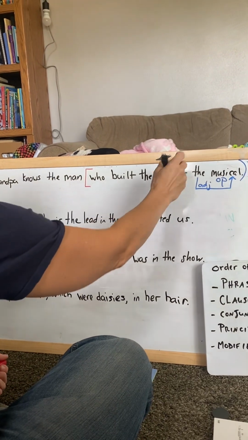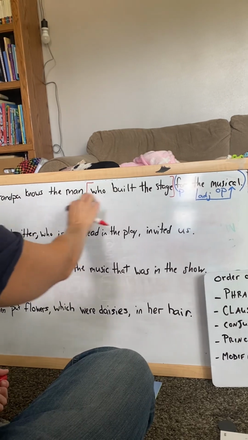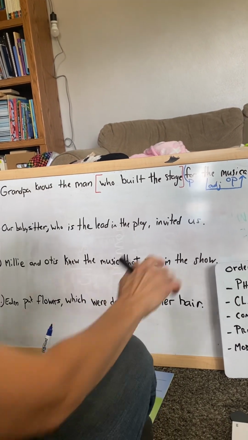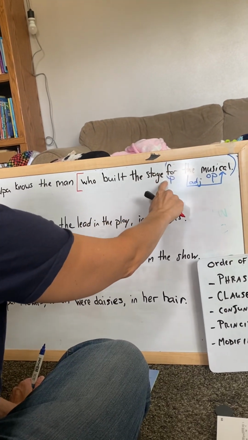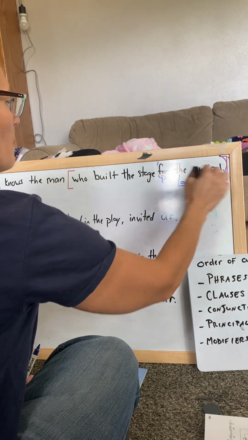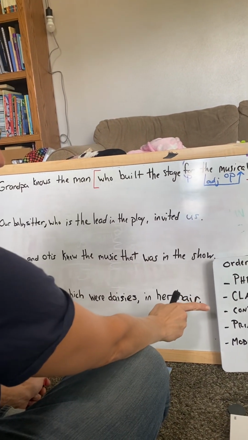If you say who built the stage, this is our simple sentence, Grandpa knows the man for the musical. No, it's who built the stage for the musical. Okay, good. Who built the stage for the musical should all be in brackets. This whole thing is our clause.